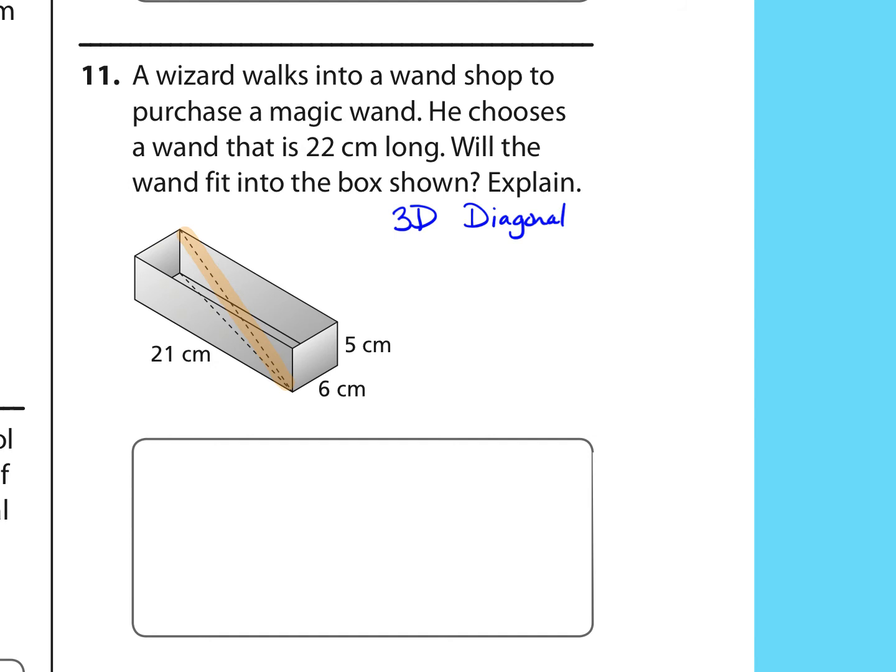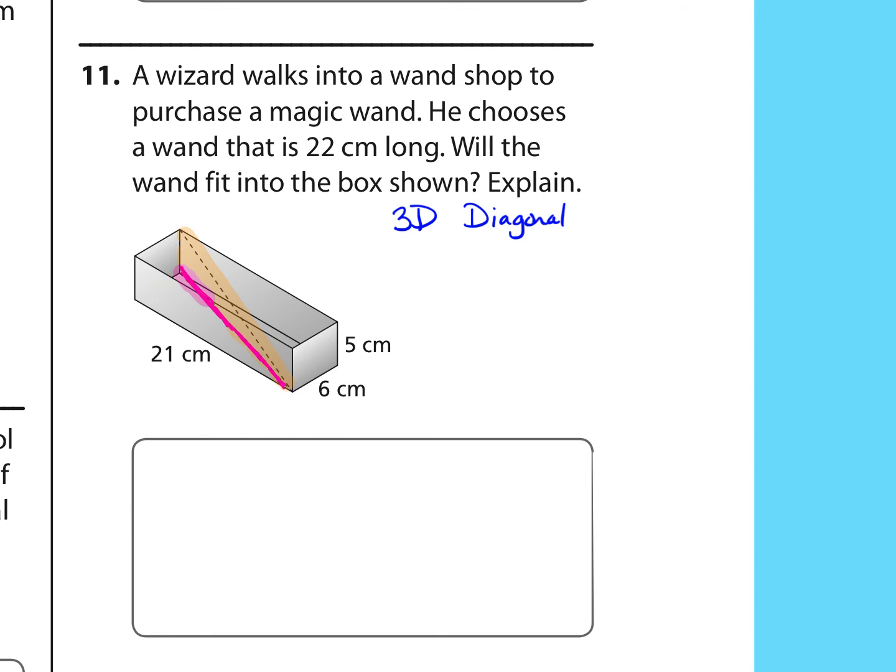Notice it goes from the back top right corner to the front bottom left corner. And so to get to that, I'm going to need to figure out the dimensions along this figure here. So I want to find this length first.